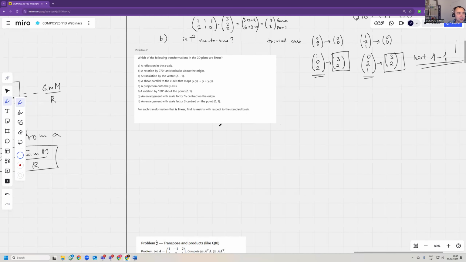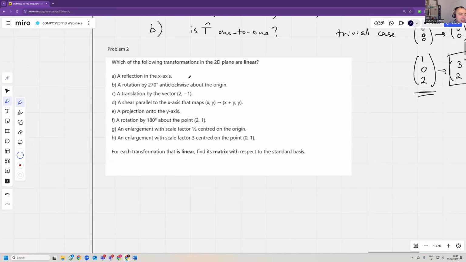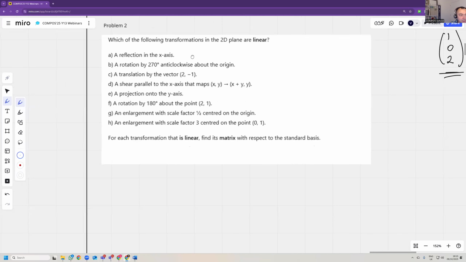Okay, lovely. Problem 2, which of the following transformations in the 2D plane are linear, and find their matrix if they are linear. So A, a reflection in the x-axis. It is a linear transformation, and if we have the x-axis and y, the vector (1, 0) turns into (1, 0), and vector (0, 1) turns into (0, minus 1).